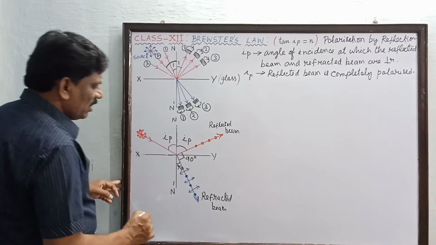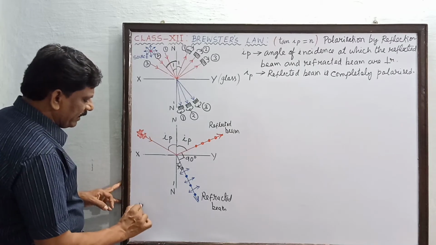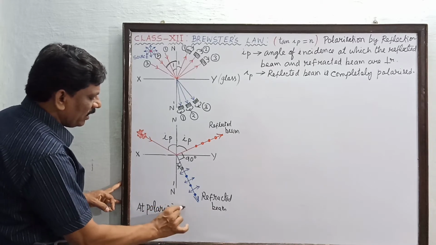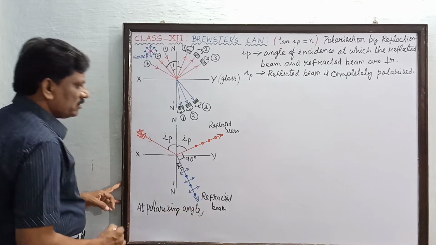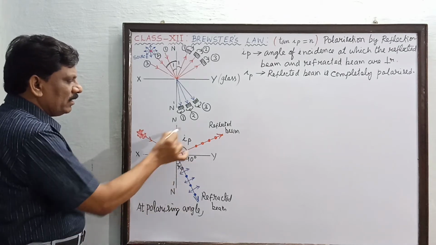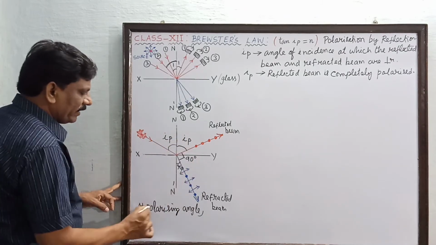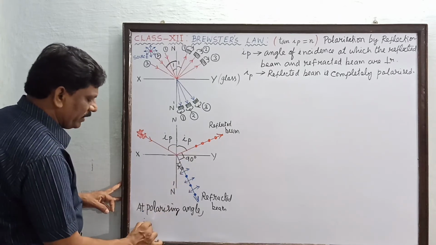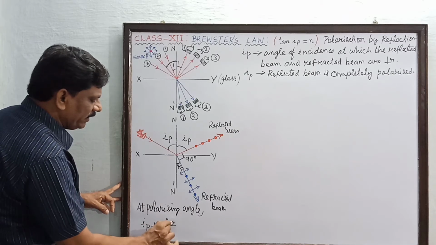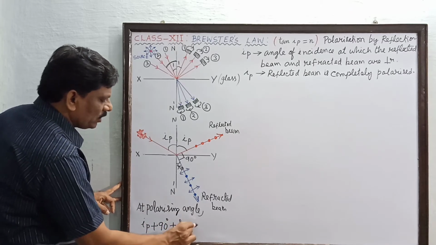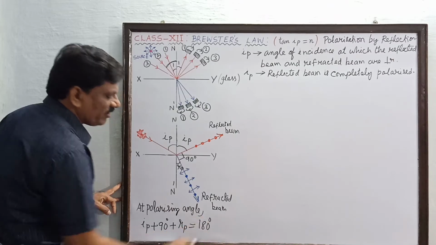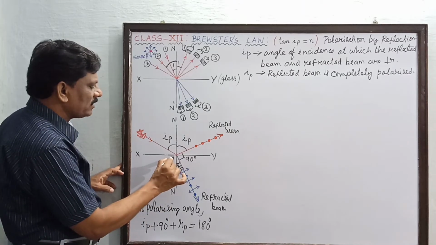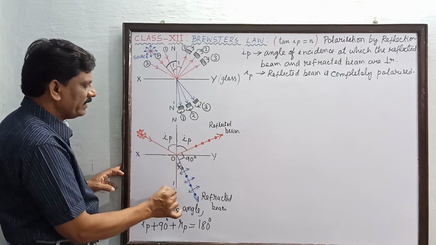Understand? So, I will write: at polarizing angle, if you add the total angle, that is IP plus 90 plus RP, the total angle should be equal to that of a straight line, N dash. If you call this point O, it is N O N dash.